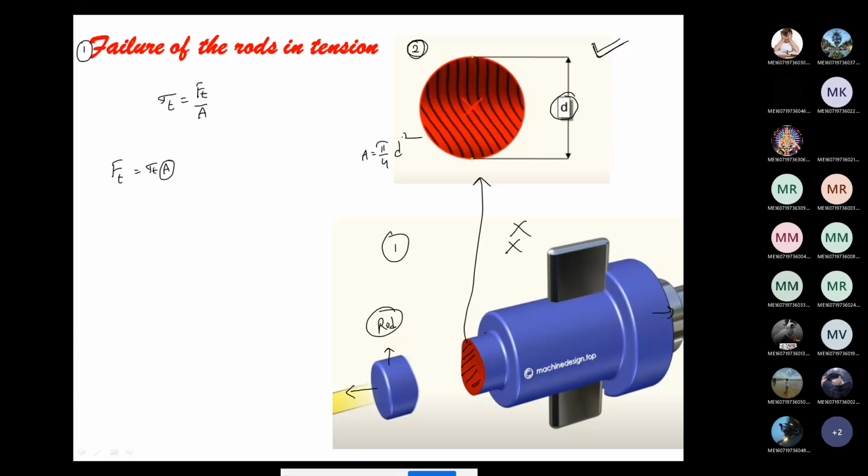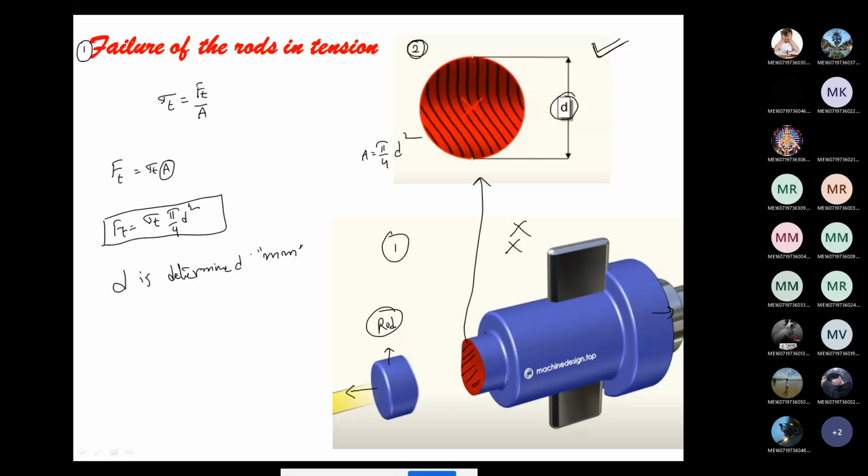So F suffix t equals sigma t into pi by 4 into d square. This is the equation we call the tensile resisting force for the rod. With this equation, d is determined. The answer is in mm.